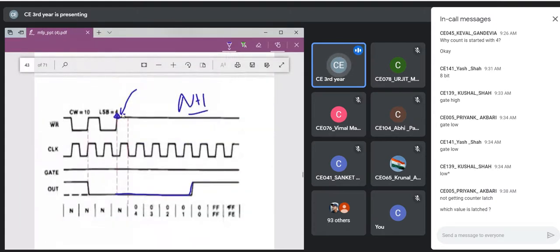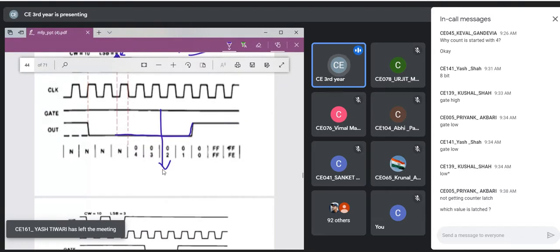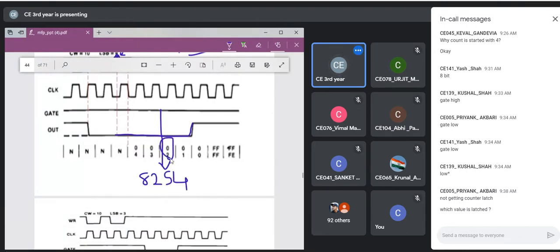Suppose I am somewhere here, so my counter is at 4 3 somewhere. Suppose here I inform my counter, or 8254, to latch the count. So what will it store? It will store 2. This will be stored, and then if I read into AL from the counter 0 address, then 2 will come in AL. So it will continue its operation, it will not stop, but this value 2 will come in AL.